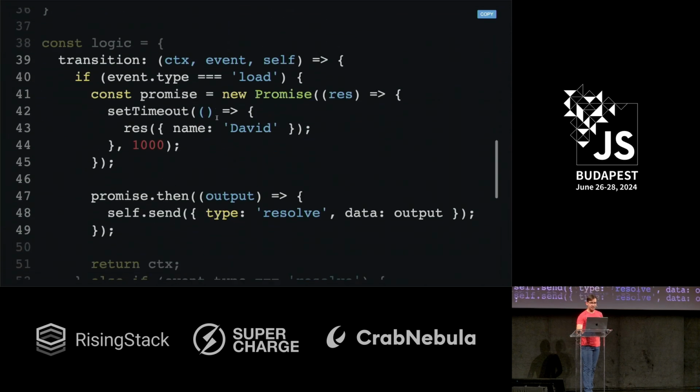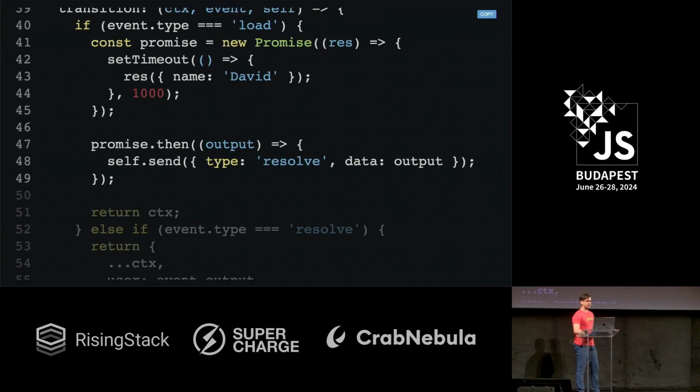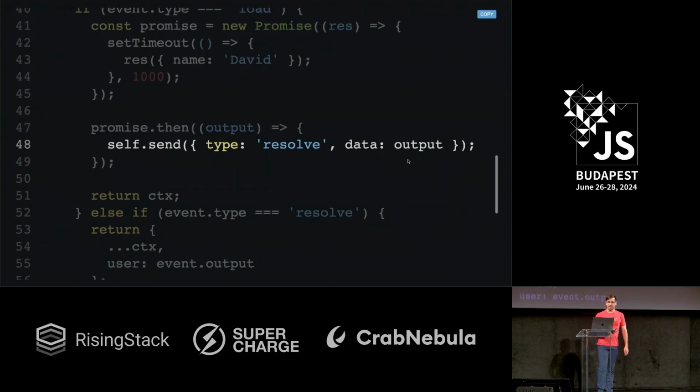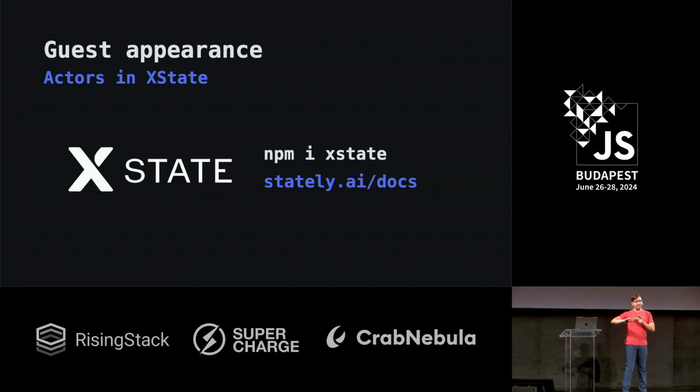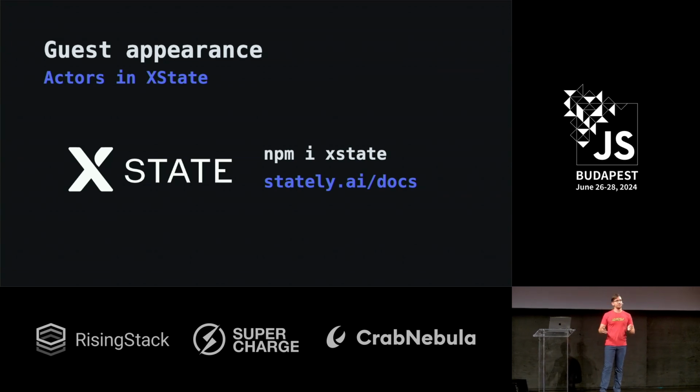That allows us to do things like call a promise, and then when the promise resolves, we could send ourselves an event like resolve, get that data, and then do something useful with that data. XState really abstracts all of that away from you, but at least you know how to make a basic actor from this.